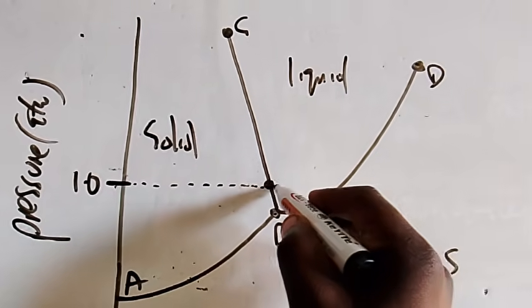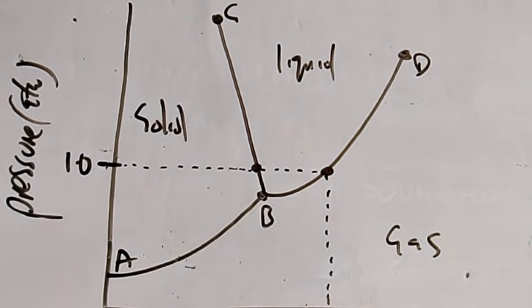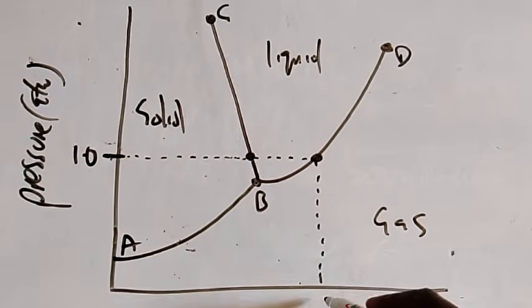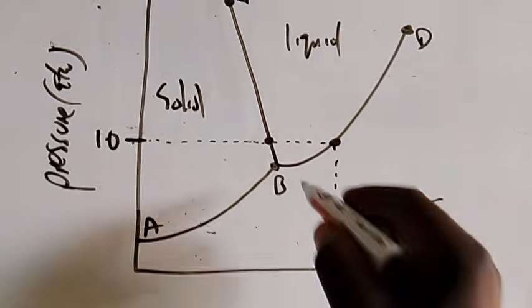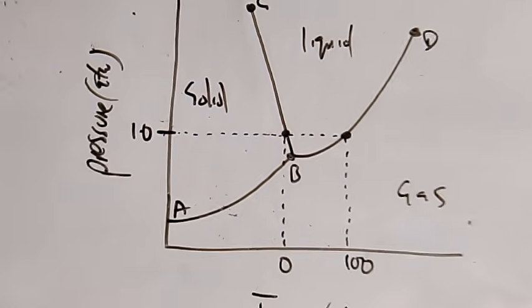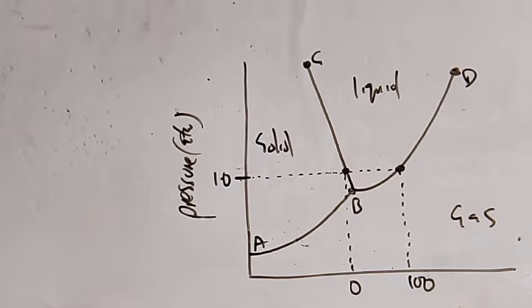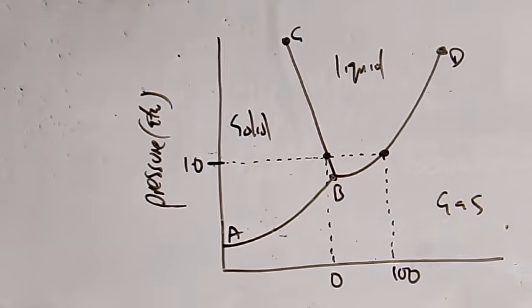So I have a point there which extends again there, then it comes down there. Okay, so we can put 100 there, then down from here, let's put our 0. So there's a lot of information that we can get from this phase diagram.